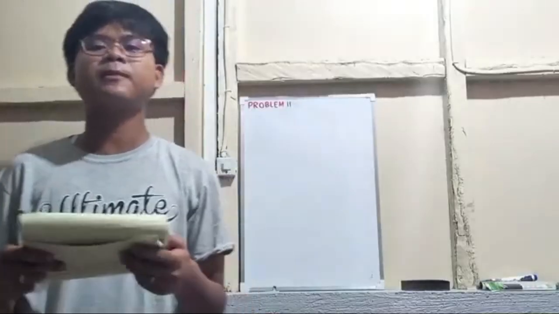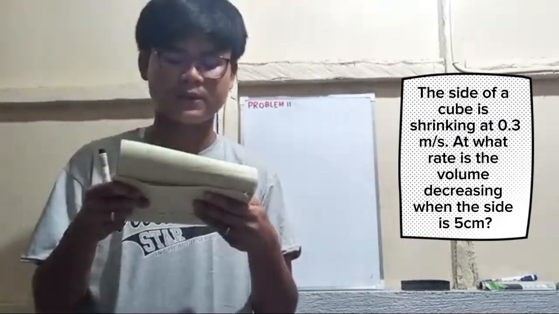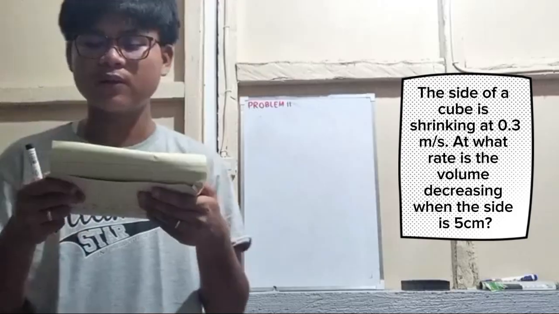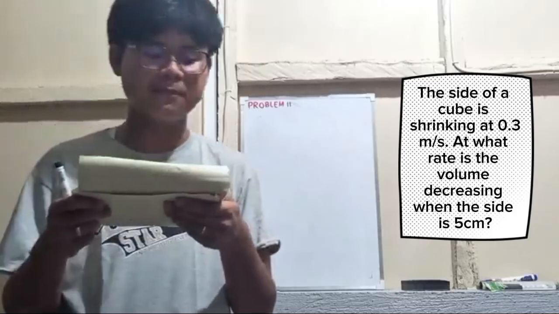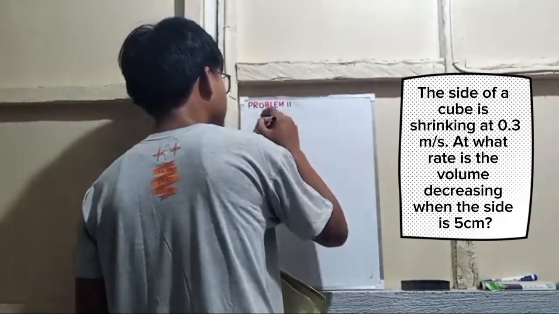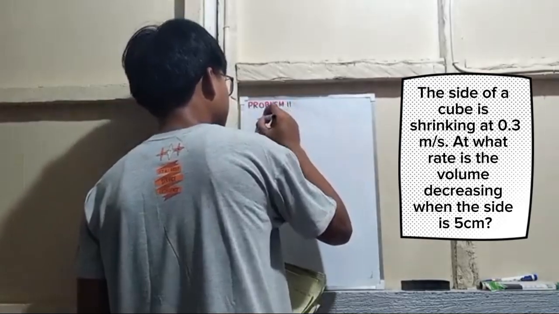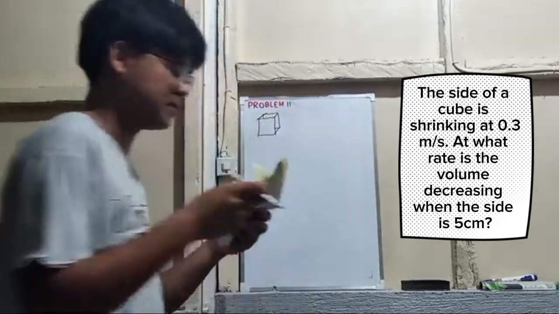So we'll proceed to problem 11. The side of a cube is shrinking at 0.3 meter per second. At what rate is the volume decreasing when the side is 5 centimeter? So, we'll draw a cube. Then, we will determine the rate of its volume.